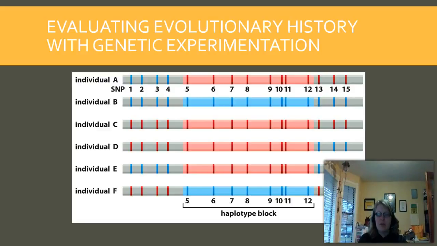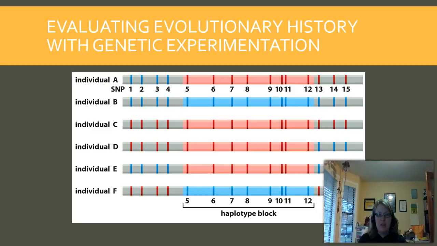Because as you know from crossing over, which we talked about in topic 1, every chromosome is going to have multiple crossing over events. So these big haplotype blocks are likely to be mixed up. The more similar the haplotype blocks are, the more likely these individuals are to be related, or at least come from a similar genetic line.